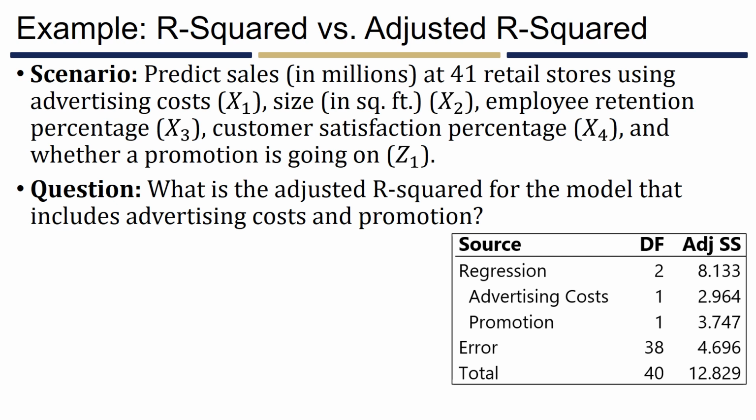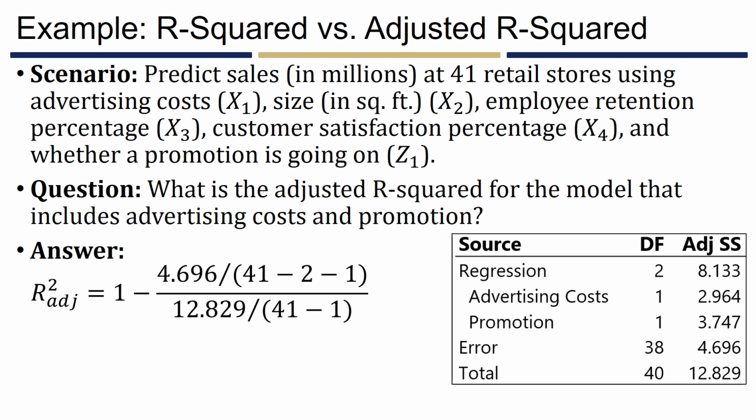So the output that you see over on the bottom right is the output that includes only these 2 predictors. We have an SSR of 8.133, an SSE of 4.696, and a total sums of squares of 12.829. So our adjusted R squared is going to be 1 minus the SSE 4.696 divided by the number of degrees of freedom in the error term, 41 observations altogether, minus the 2 predictors in the model, minus an additional 1, giving us 38.